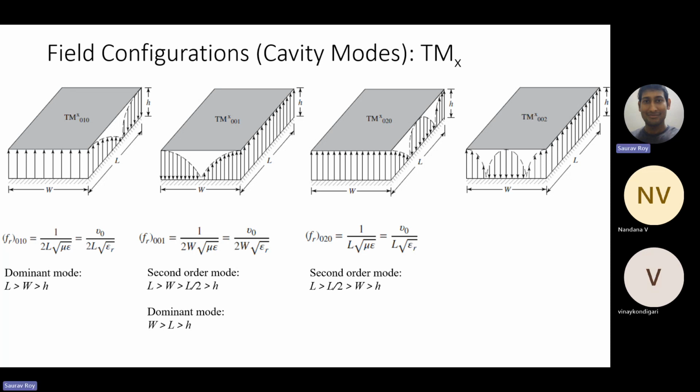But the mode that will have maximum power is the lowest order mode. That you must remember. Lower order modes will always have more power from your excitation, so they will have an upper hand over the higher order modes and will be more prominent.